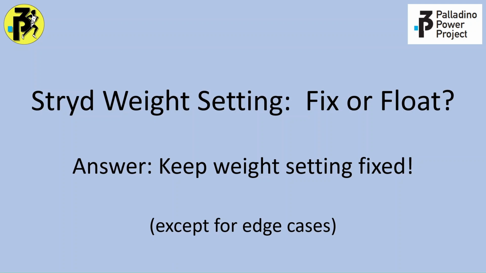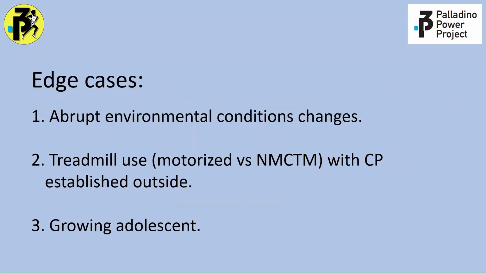Except for edge cases. I'm not going to go into them in detail, but in my coaching practice, those edge cases are abrupt environmental condition changes. Let's say I have an athlete at sea level who is coming to altitude for a couple of weeks for an altitude training camp. I will adjust the weight setting so they can use their sea level critical power, and the targets are transportable by adjusting the weight setting.